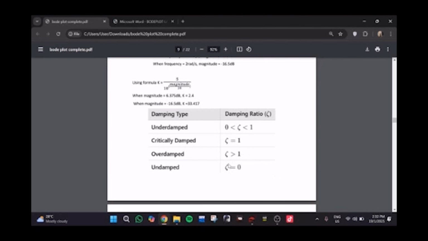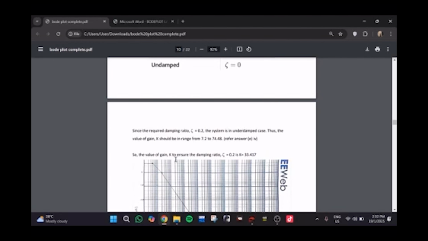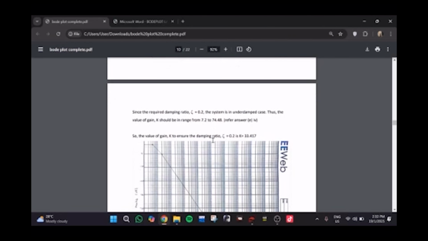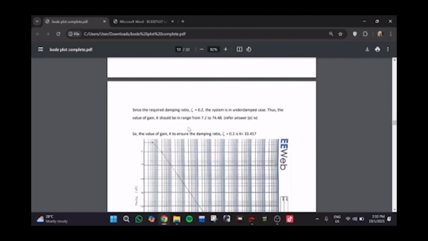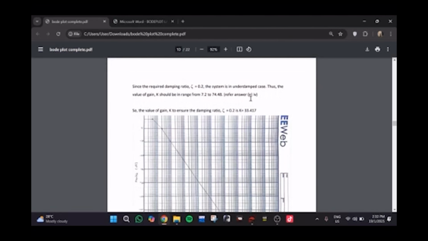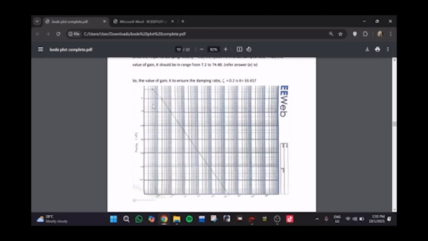So this one is the ratio. Since the requested damping ratio equals 0.2, the system is the underdamped case. The value of gain K should be in the range from 7.2 to 74.48. So the value of gain K to assume the damping ratio 0.2 is K equal 33.417.